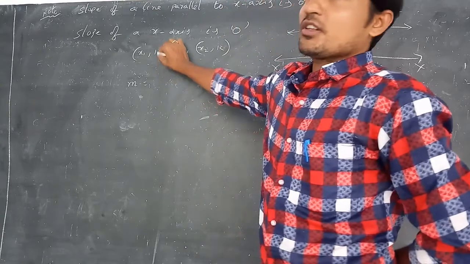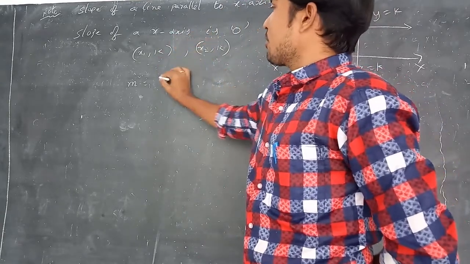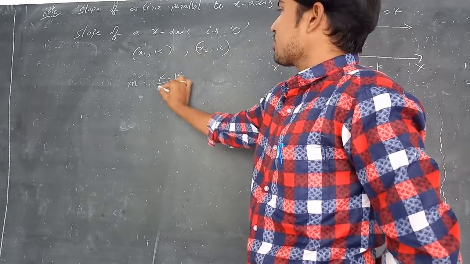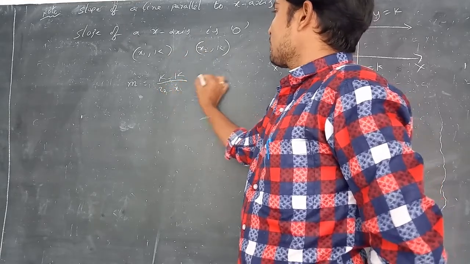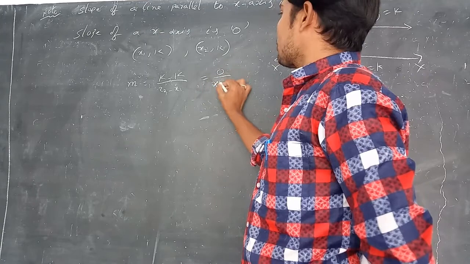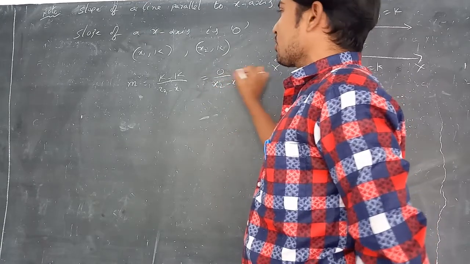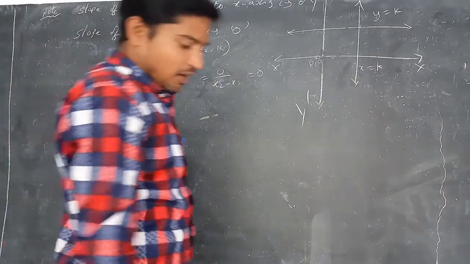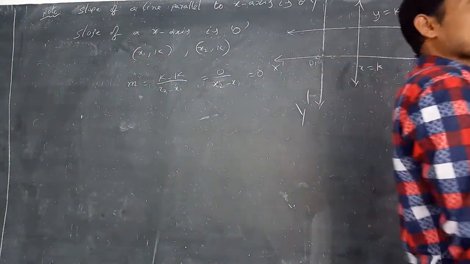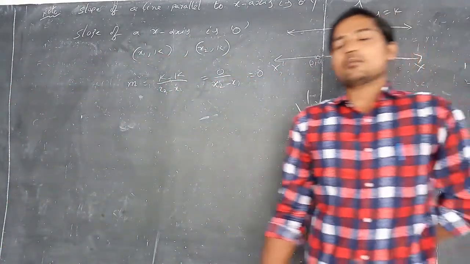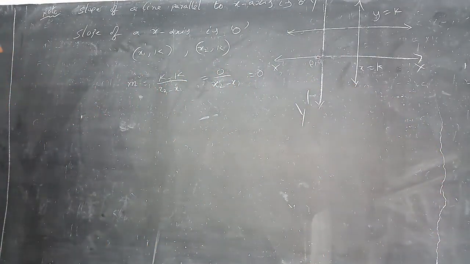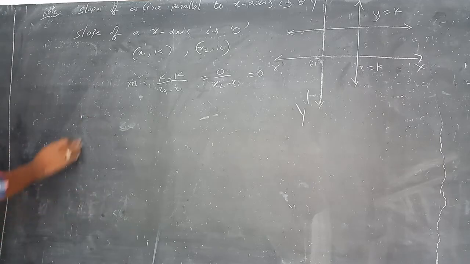K minus k by x2 minus x1, which is equal to 0 by x2 minus x1, which is 0. Slope is 0. That means for a line parallel to x-axis, the slope is 0. At the same time, the slope of x-axis is 0. Right?